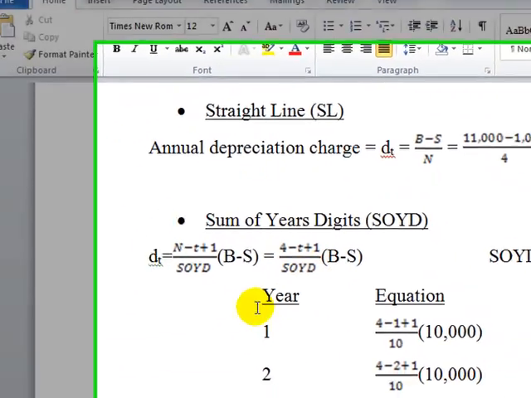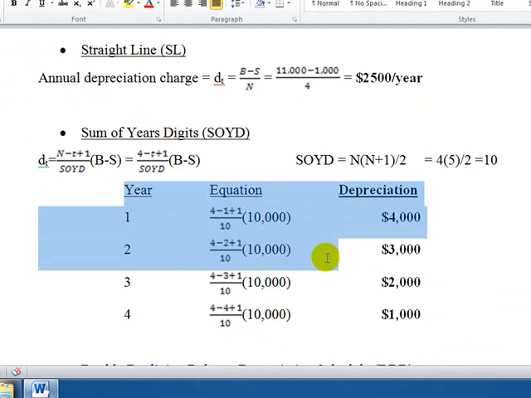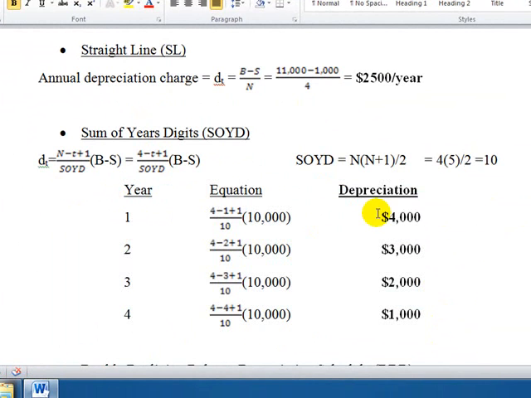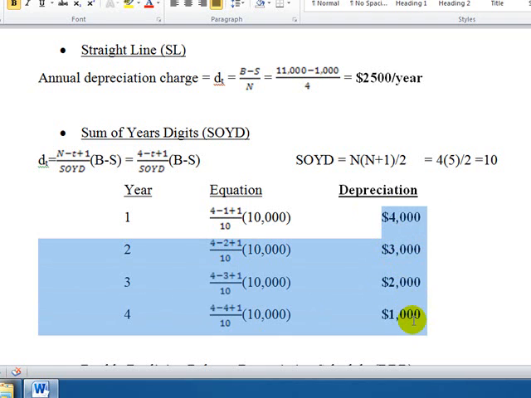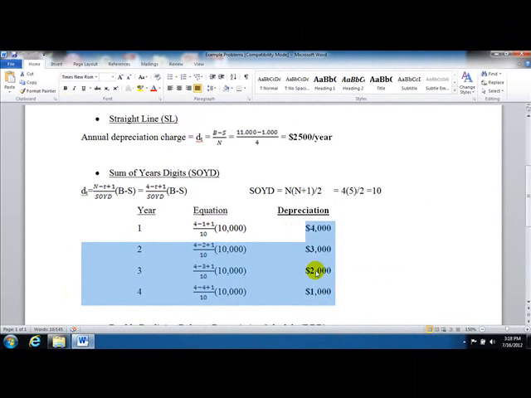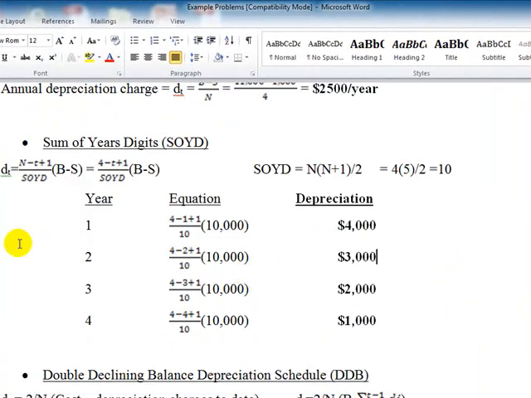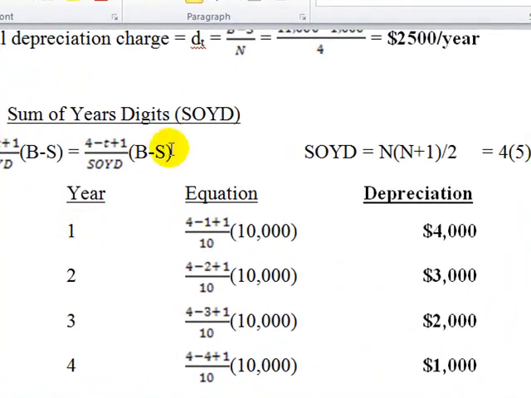Now we need to calculate the depreciation schedule for each year. It's not the straight line method, so the depreciation charges for each year will not be the same, but the total calculation, if we sum all these numbers, they should add up to $10,000 total depreciation, right? So starting with year 1, we take this formula here.